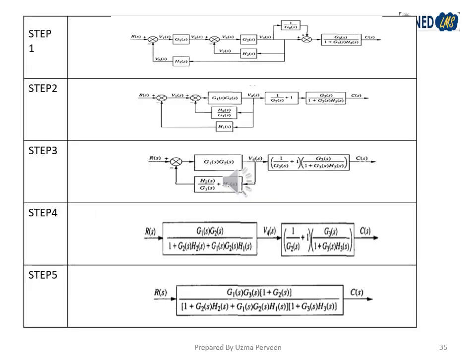Now after discussing the problem, I hope you can understand it better. In the first step, we have simplified the rightmost loop using the transformation eliminating a feedback loop, and we have moved point V3 beyond the block G2 by adding a block 1 upon G2 in the parallel forward path.